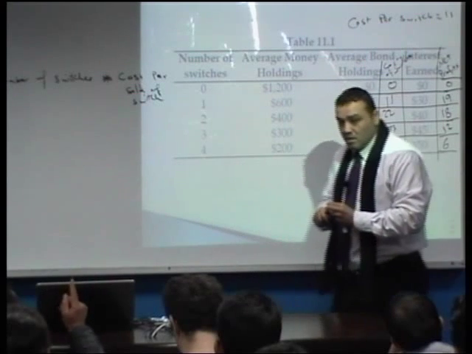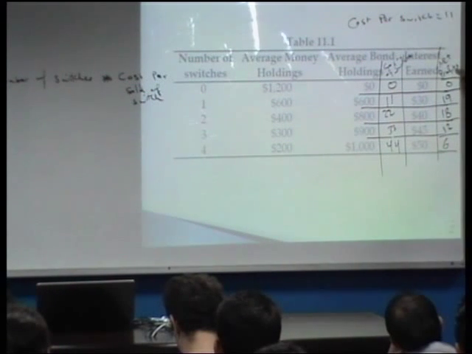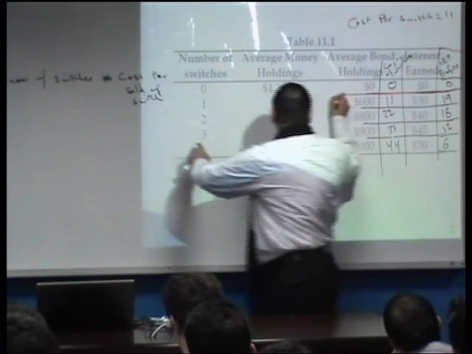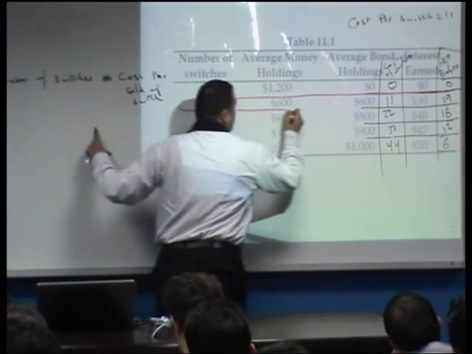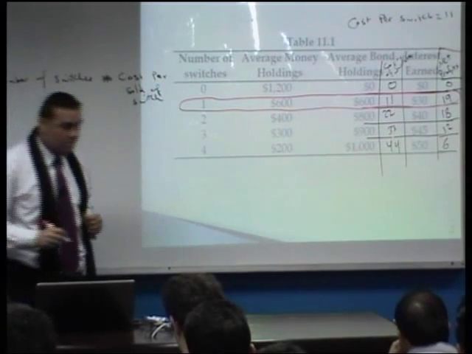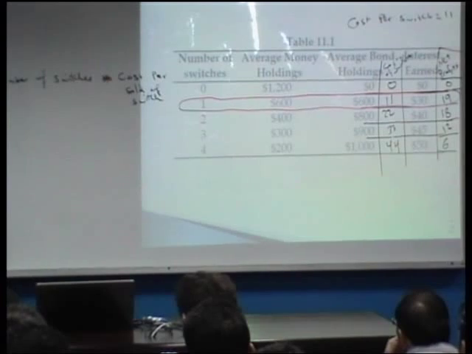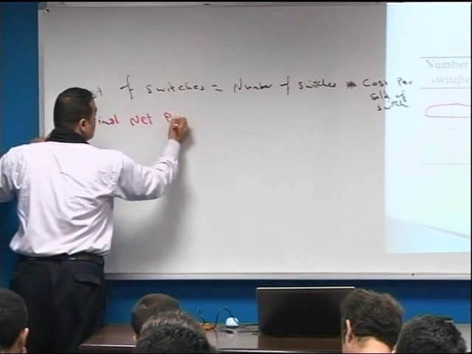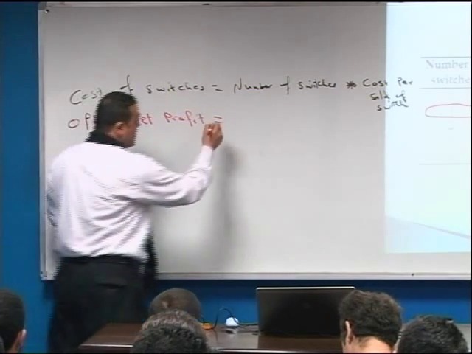Exactly. The optimal balance is the one that gives the highest net profits, right? The best one gives me the highest profit, so the optimal net profit equals how much? 19.